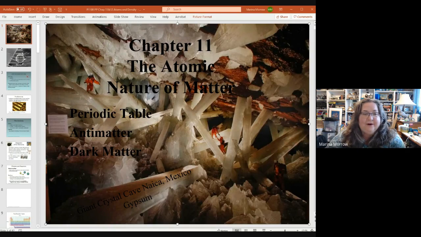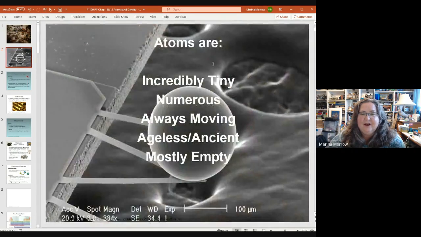Okay, so the first part is talking about how atoms are tiny, numerous, moving, ageless and ancient, or mostly empty. Okay, so what do we mean by that? Well, they are very, very tiny. And so right now, like in your fingernail, there are probably millions and millions of atoms.